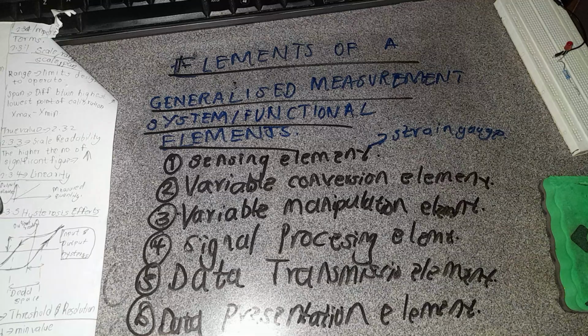Then you have a variable conversion element. It has a variable sensing element of some kind, but then it will manipulate the input given. For example, the output from a sensing element is in the form of a very small displacement, which is difficult to measure mechanically.